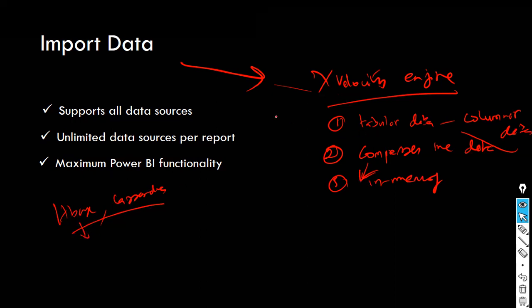So here the X velocity engine converts your Excel data, CSV file data or JSON file data from the tabular format to columnar data. Why does it have to convert it to columnar data? The reason is, for example, in the case of tabular data, let's say 80 million records are there and you have 200 columns.